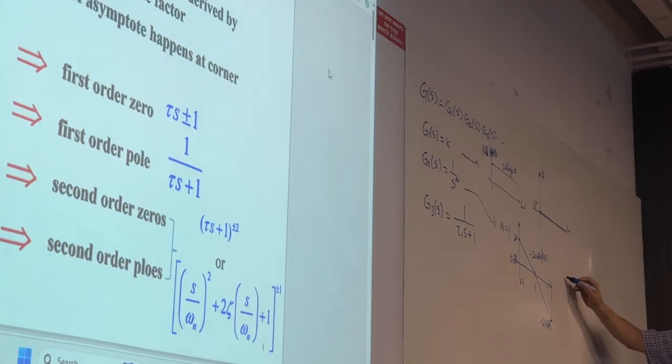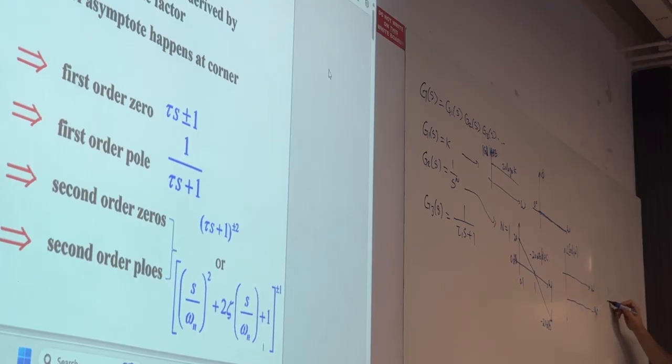The phase is also rather straightforward. This is, say, G2, and the phase is minus 90 degrees. Why?